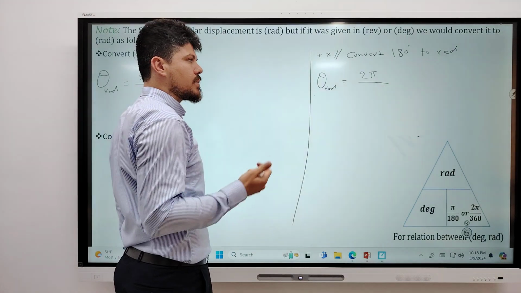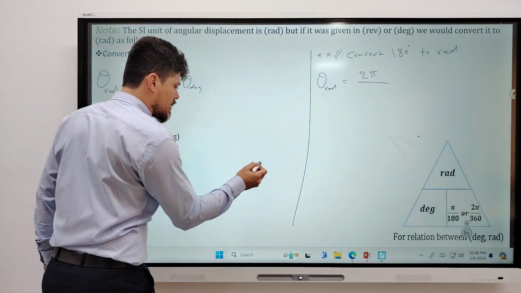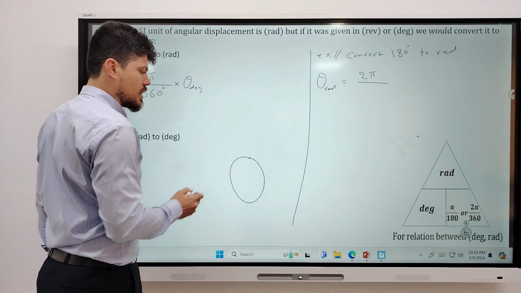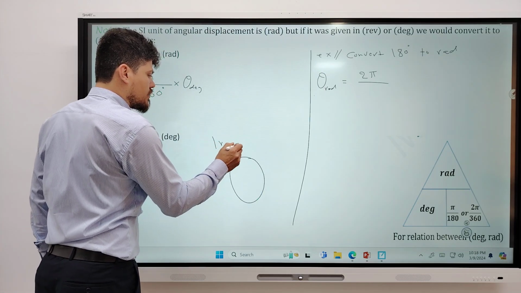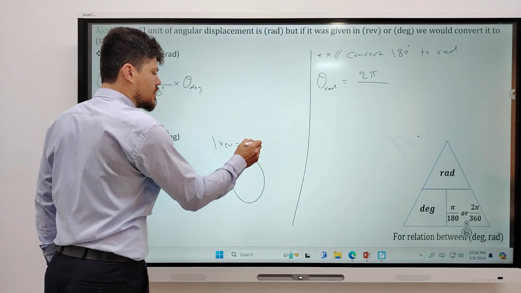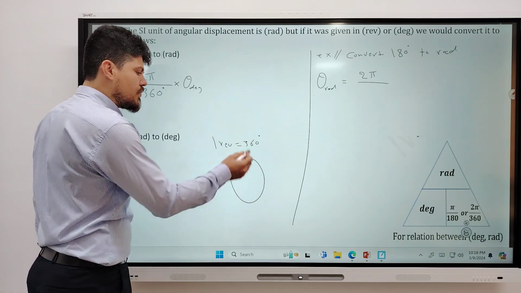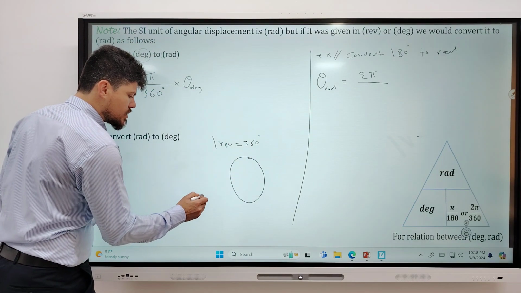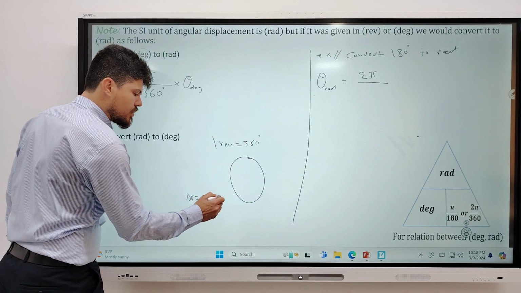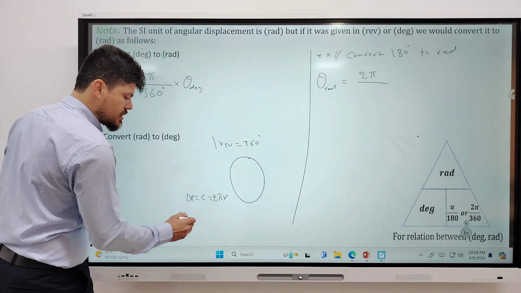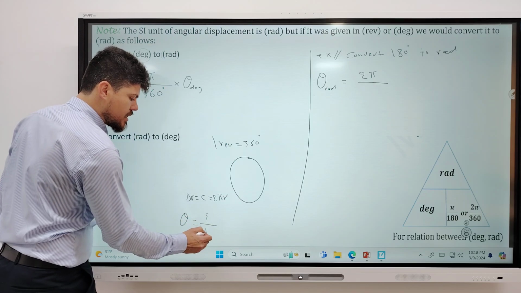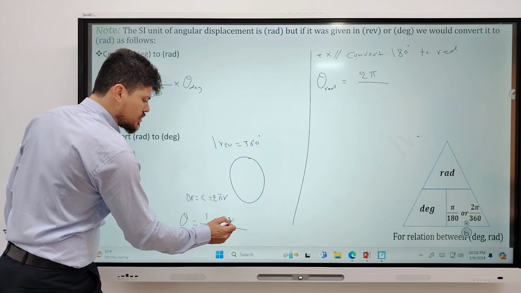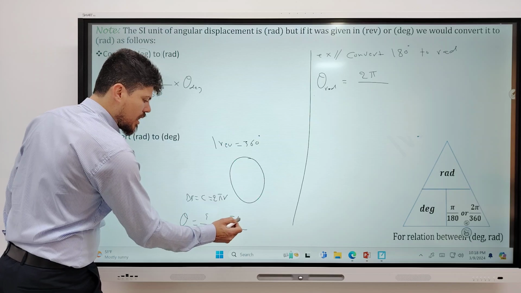You have to get for 1 complete cycle, 1 complete revolution, 1 rev. How many degrees do we have? 360 degree. For 1 complete cycle, arc length is equal to what? Is equal to circumference. Circumference equals what? 2 pi r. Replace into the equation of angular displacement, S over r.